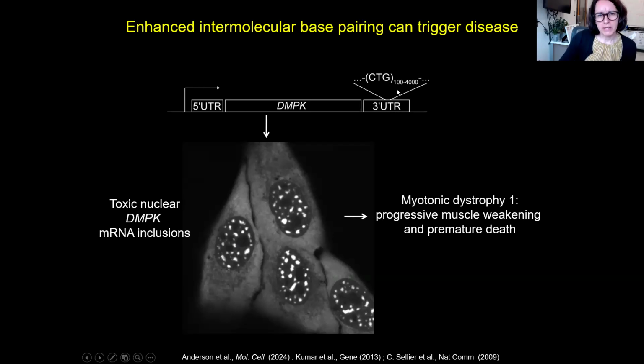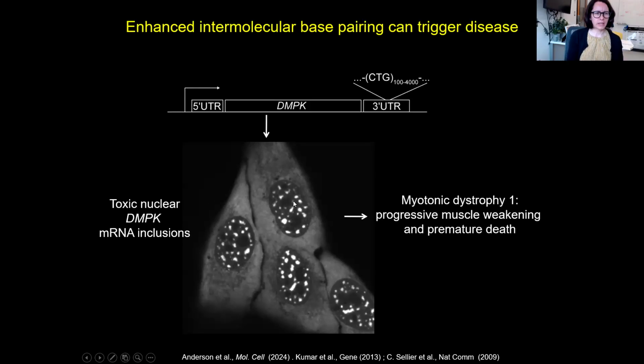And when these repeats expand, so repeated between 100 to 4,000 times, which are mutations that occur naturally, then these mRNAs are transcribed, and instead of being exported into the cytosol where they're translated, they engage in interactions with neighboring mRNAs that share the same type of expansions, and they form nuclear foci.